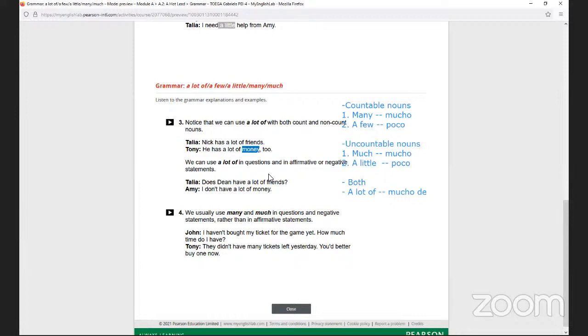So I'm sending it to you. Right now I sent it, okay? You're gonna see many words as vocabulary, and whether they are countable or non-countable, okay?